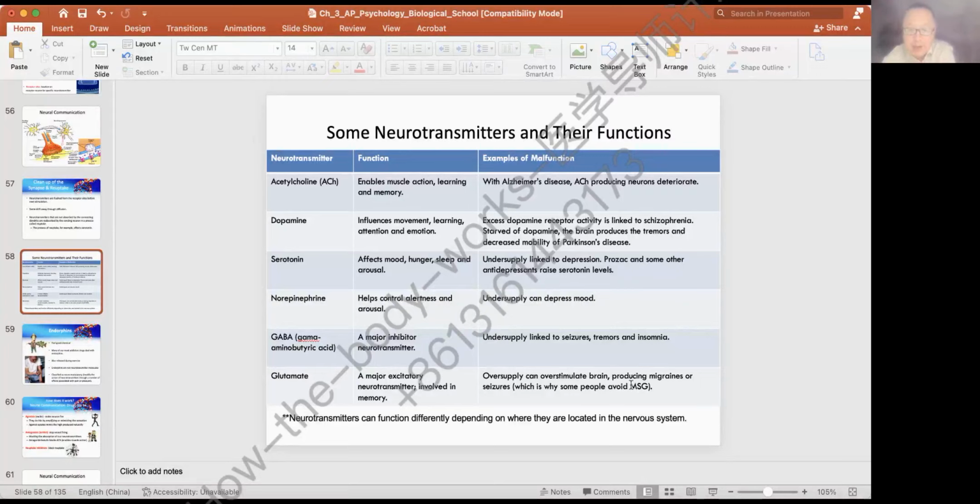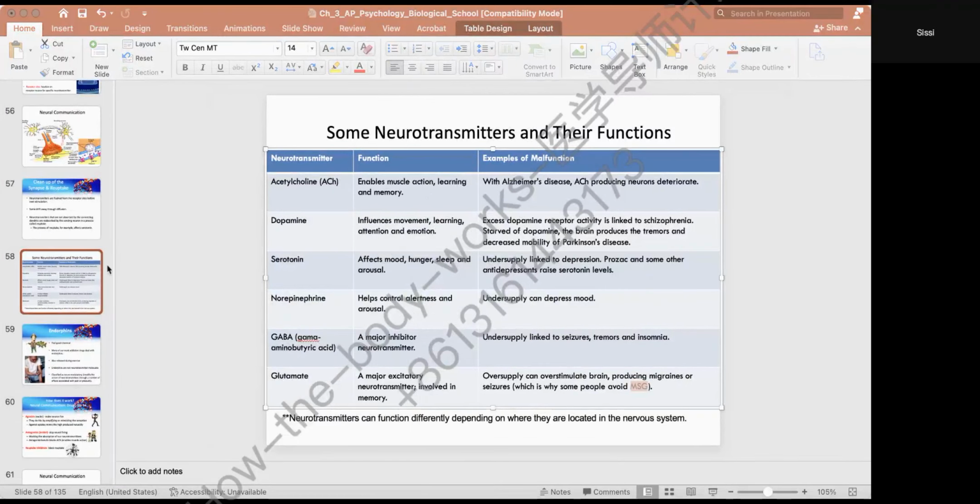MSG is a kind of agent which will stimulate the secretion of glutamate. It is an excitatory or stimulatory chemical agent. Is that similar to coffee?